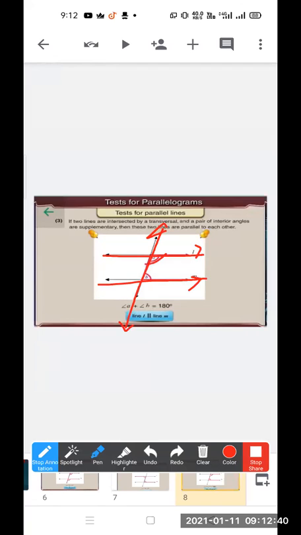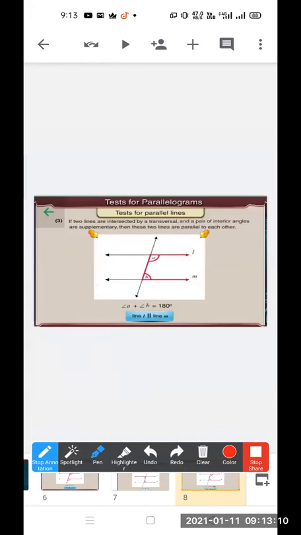These angles formed are interior angles, and if they are supplementary, then only we can say that line L is parallel to line M. Is it clear? These interior angles are on the same side of the transversal. That's why they are supplementary. If they are supplementary, then only we can say that the given two lines are parallel.